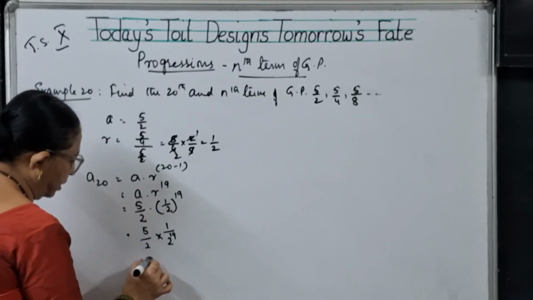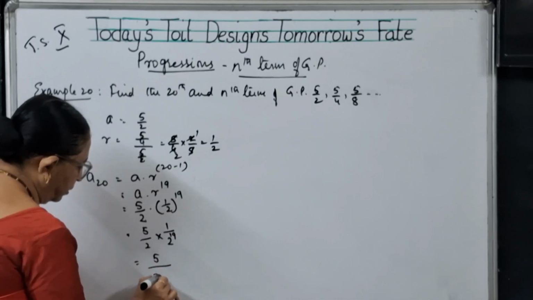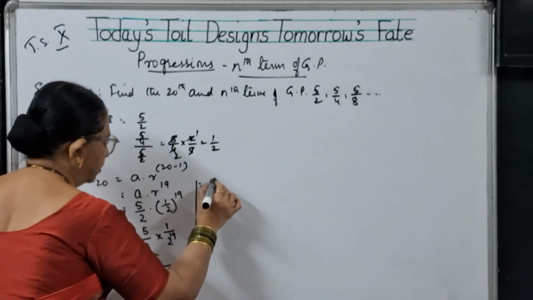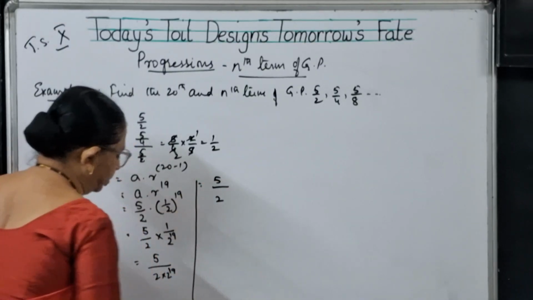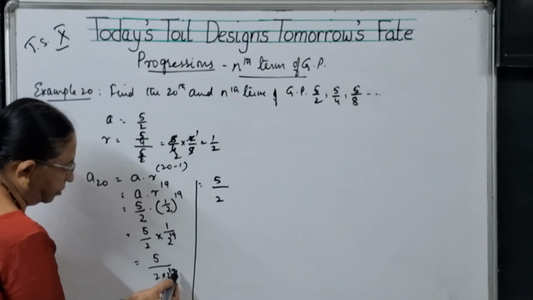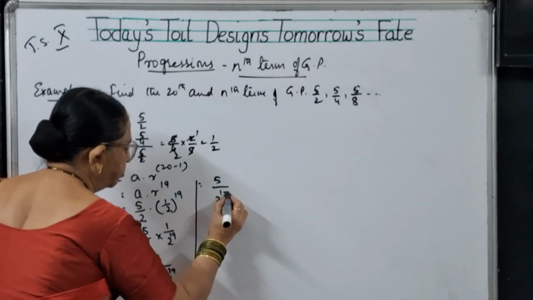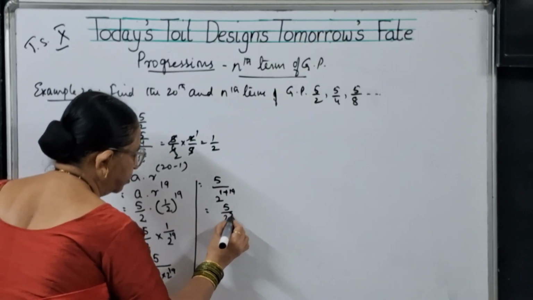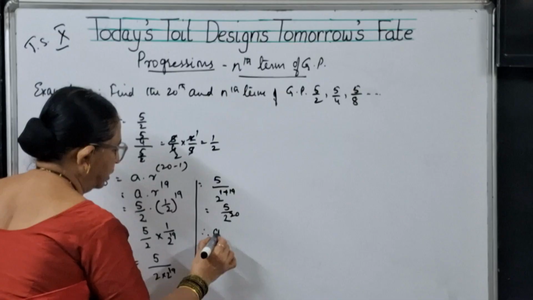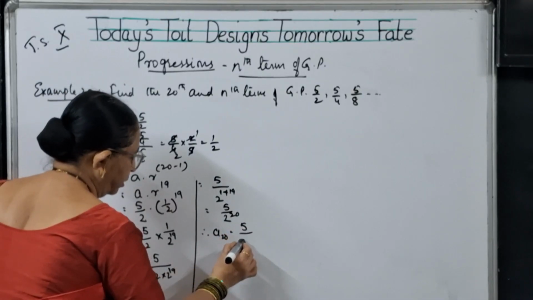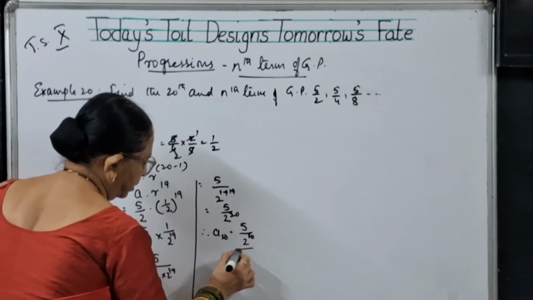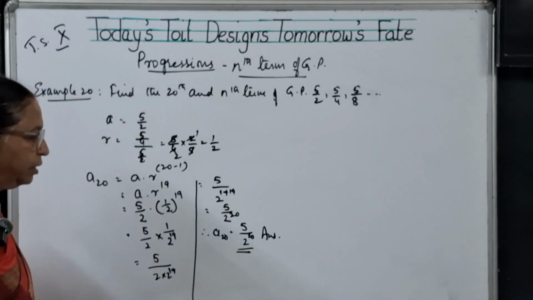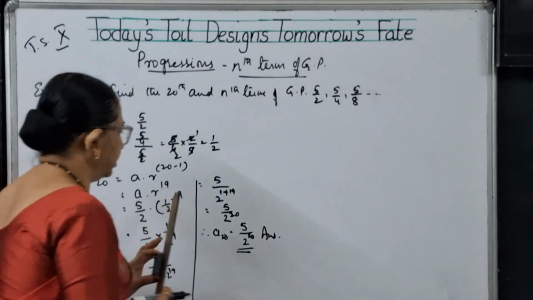This can be written as 5 by 2 into 2 to the power of 19 in the denominator. When bases are the same and multiplied, the powers should be added. That is 1 plus 19, that is 20. Therefore, A20 is 5 by 2 to the power of 20. This is one answer, children, the 20th term they are asking. Next, the nth term. So what is An?